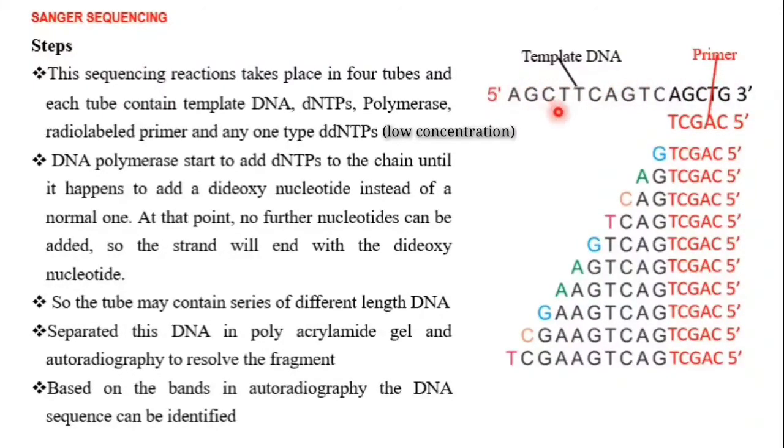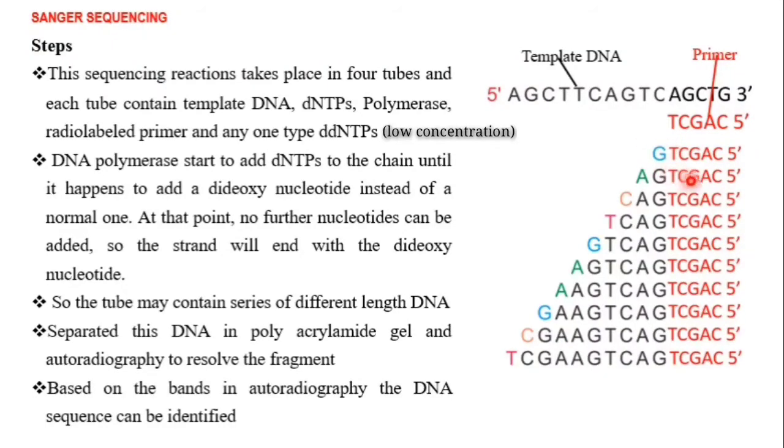This primer will be labeled. Here you can see the primer is attached first to one nucleotide that the polymerase added, which is a dideoxynucleotide, so the growth of that chain is terminated.